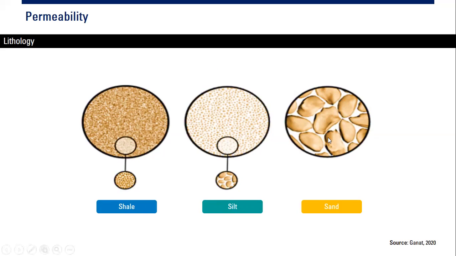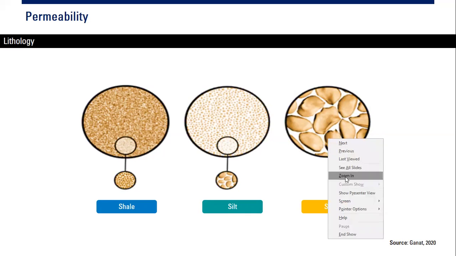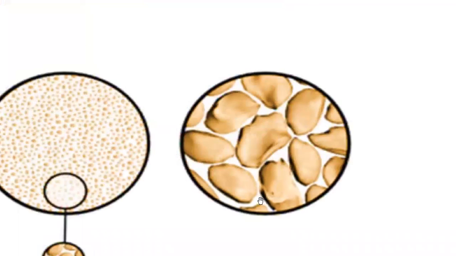So as you can see in sand, if we zoom in, here the white area, white zone, is the space through which fluid can flow. And you can see this white zone, we can call it roughly the permeability or the connected porosity.